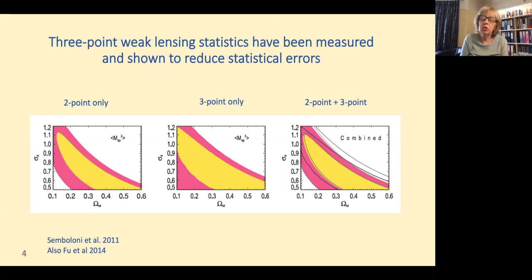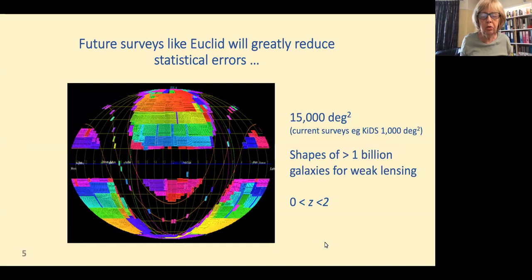And that's what you'd expect, because the weak lensing field isn't Gaussian, and you would expect there to be some extra information in higher order statistics. But statistical errors aren't really the issue now, because we're going to have surveys like Euclid and LSST, and they will measure the shapes of billions of galaxies for weak lensing and cover huge fractions of the sky, and statistical errors will be hugely reduced.